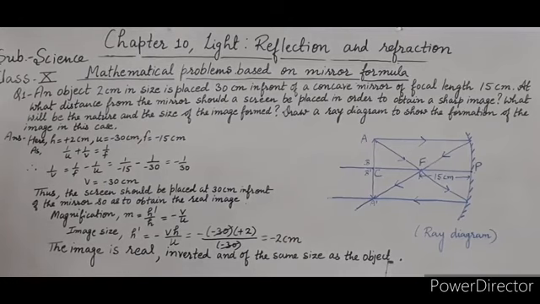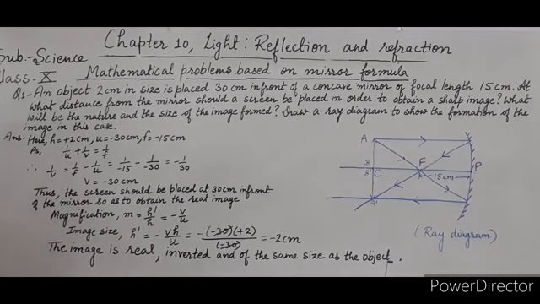What will be the nature and the size of the image formed? Draw a ray diagram to show the formation of the image in this case. So this is our mathematical problem. We have to solve this by using the mirror formula, and we have to draw the ray diagram also.